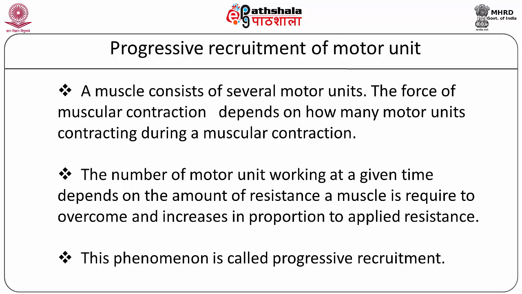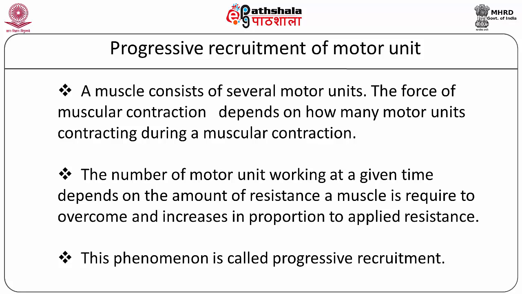A muscle consists of several motor units. The force of contraction depends on how many motor units contract during a muscle contraction. The number of motor units working at a given time depends on the amount of resistance a muscle is required to overcome, and it increases in proportion to the applied resistance.